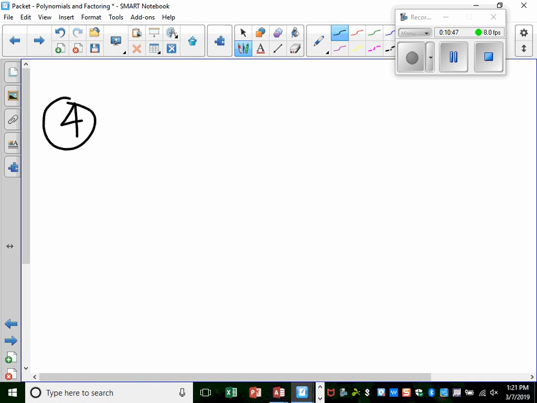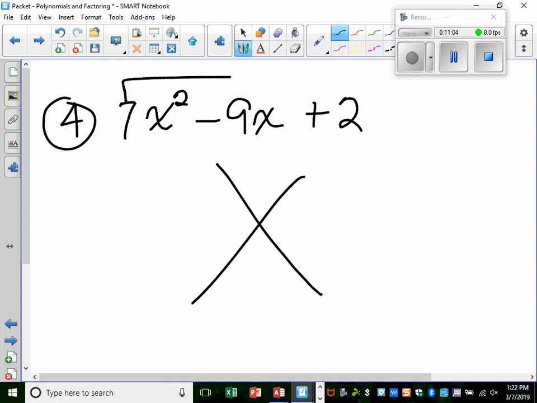Number 4. All right, number 4 says 7x squared minus 9x plus 2. Okay? What number goes at the top? 14. What goes at the bottom?